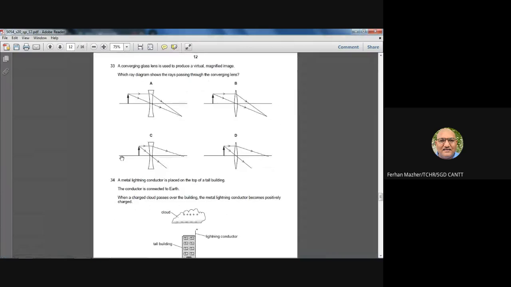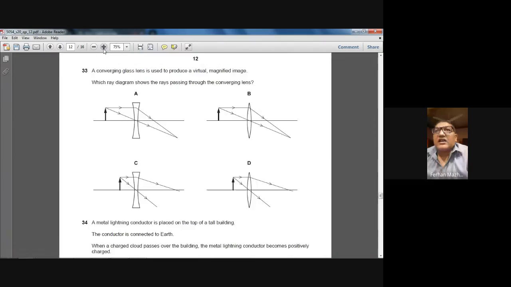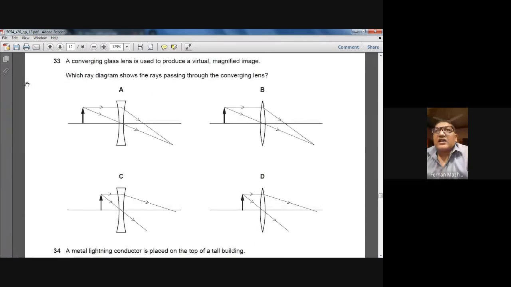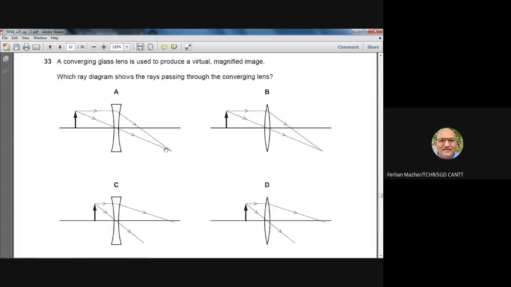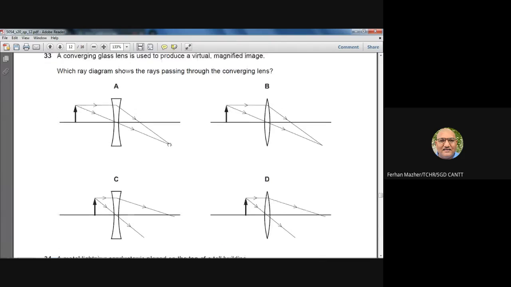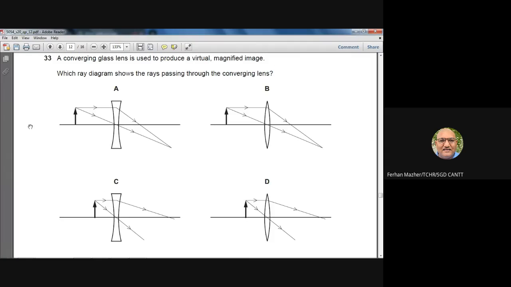Okay. The next question, question number 33. A converging glass lens is used to produce a virtual and magnified image. Which ray diagram shows the rays passing through the converging lens? Okay.